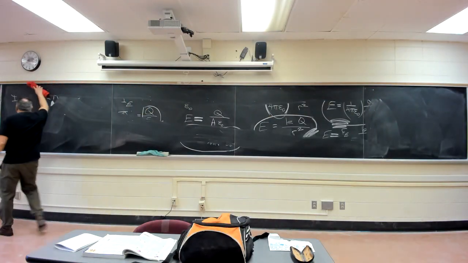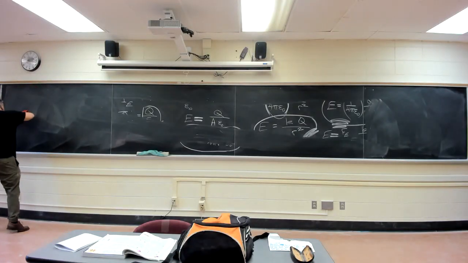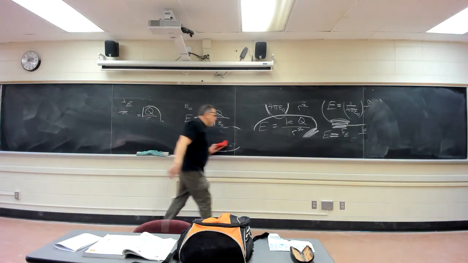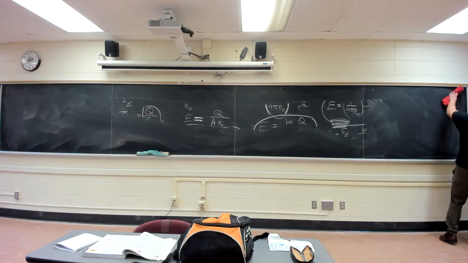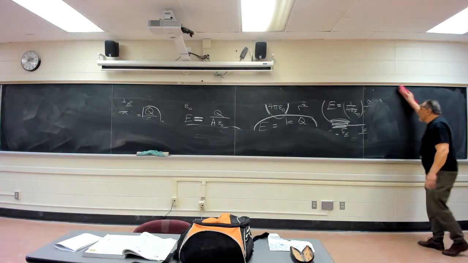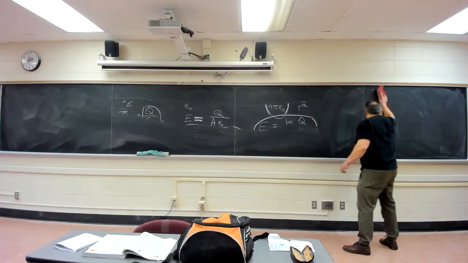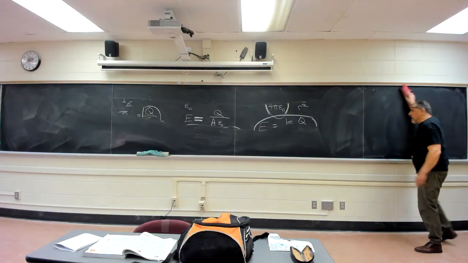See if I can clean up some of this stuff a little bit, guys. Chalk writes really well in some places, but not in others. I don't know that I can do much about that, but let me see what I can do. And the chalk we're using is pretty much top of the line.